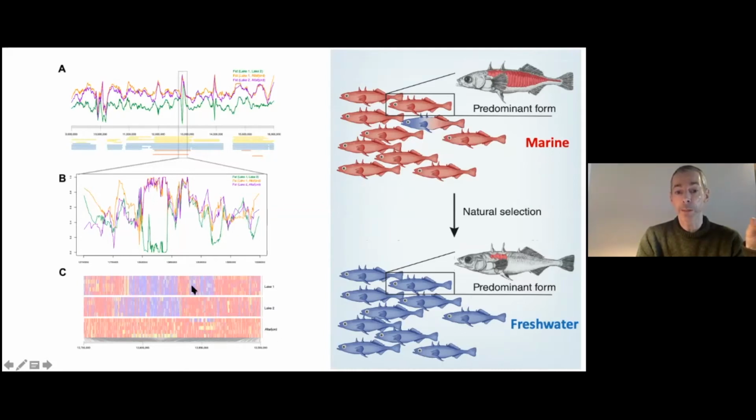For example, we can see freshwater regions rising to high frequency to the right of the core EDA locus in Lake 1, and to the left of the core haplotype in Lake 2. And it's just this core area that's highly differentiated. See the FST values here, highly differentiated in Lake 1 versus Altarfjord, which is the orange comparison, and highly differentiated in Lake 2 versus Altarfjord, which is the purple comparison.